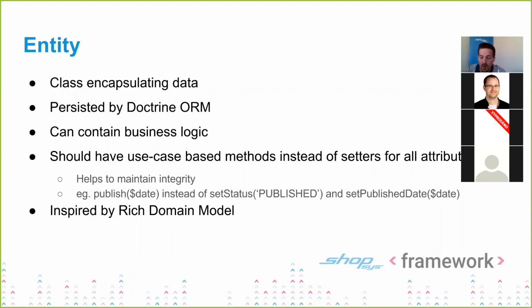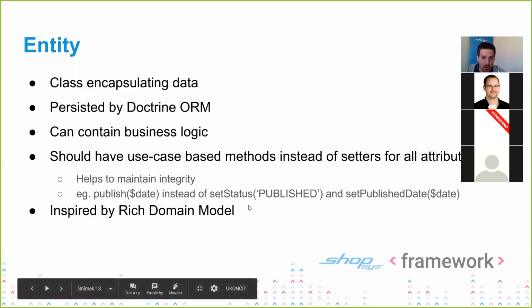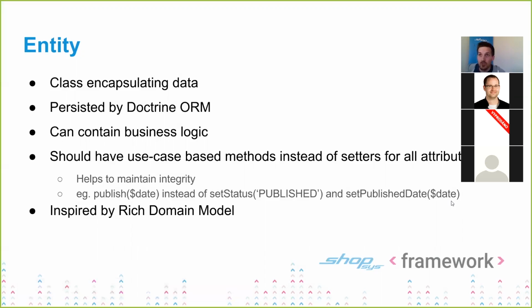Imagine that you have an article entity and articles are published. And when you want to publish the article, you don't want to call methods like set status published and set publish date to some date, because these are two operations. And when you publish the article, you do one operation.